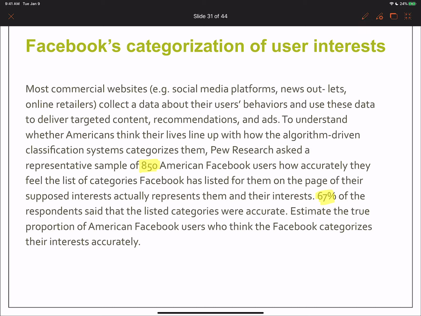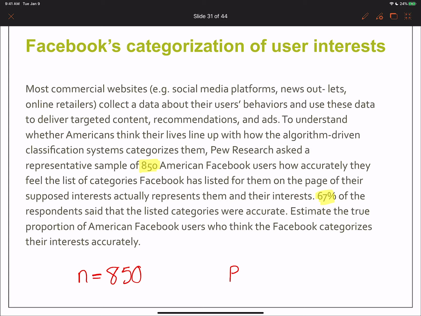So there's two things we get from here. One, what's in this example? 850. Yes, it is 850. That's our sample size.